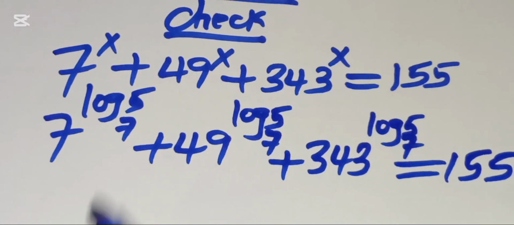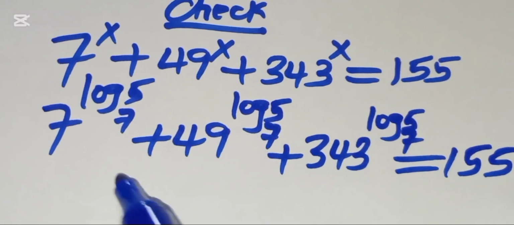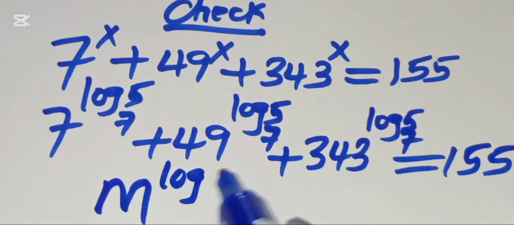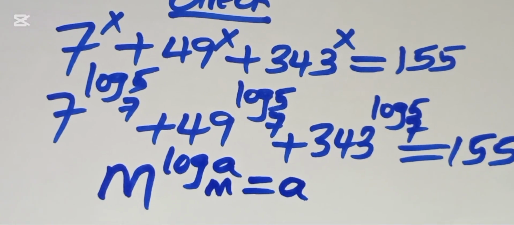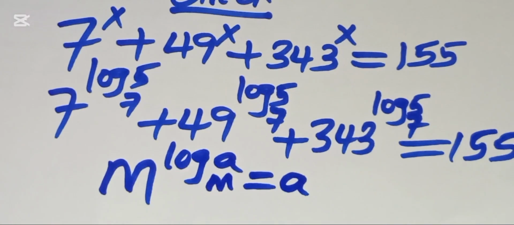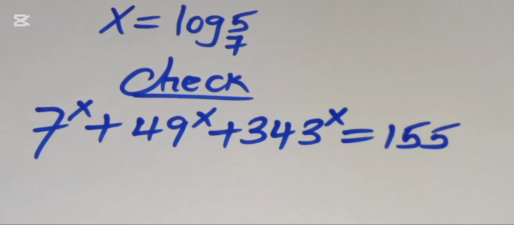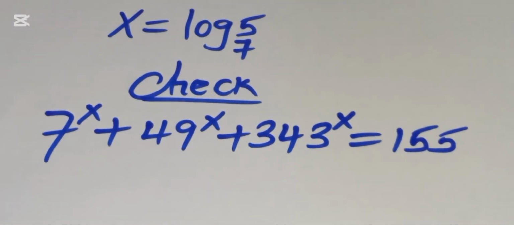Now 7 raised to power log 5 to base 7 is in the form of m raised to power log a to base m, which is basically equal to a. Applying this logarithm property, this follows. So let's check if this value of x, which is log 5 to base 7, actually satisfies the equation.